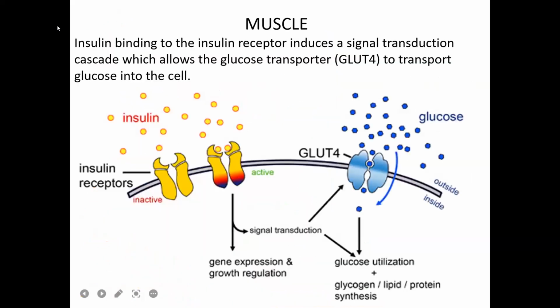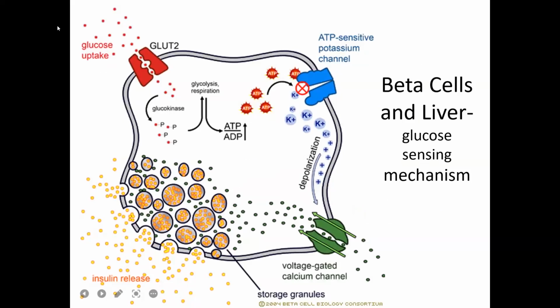The muscle is slightly different. The activation of GLUT4 is by the insulin. Here the initial step and the final step are shown, and the feedback inhibition of the glucose uptake is by the insulin release.